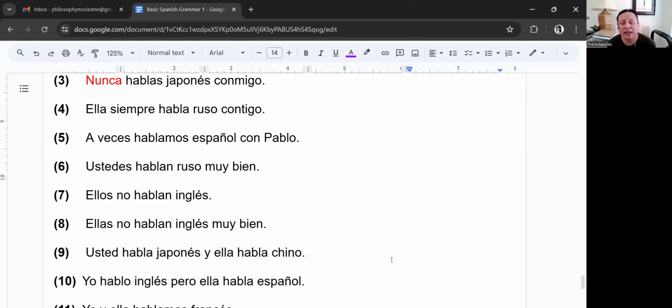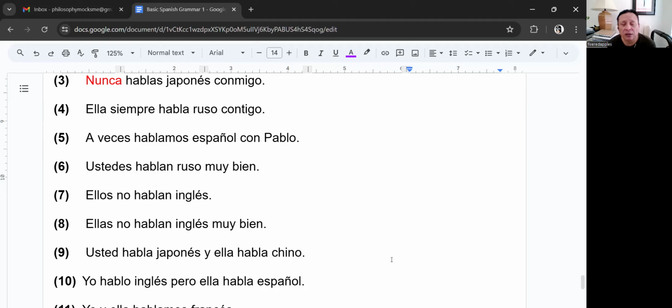Number 6. Ustedes hablan ruso muy bien. Ustedes. Again, if this was Spain, you would not hear ustedes, you would hear vosotros. Remember what ustedes means? And then hablan, obviously, is some form of speak that matches with ustedes. Ruso, what language is that?